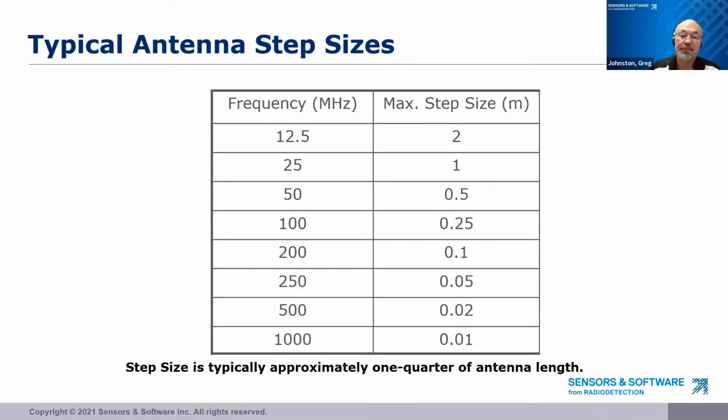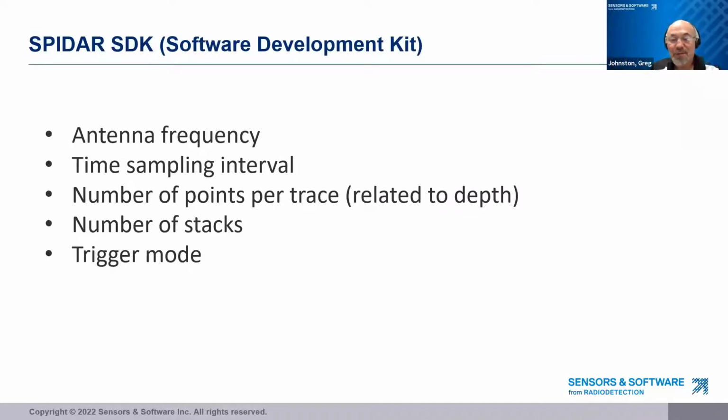from the very highest frequencies to the very lowest frequencies. So this may not have come across as simple, but what I'm trying to convey is that once you determine the best antenna frequency for your GPR application, you can use default settings for the time sampling interval. You can set the number of points to reach the depth you're interested in imaging.